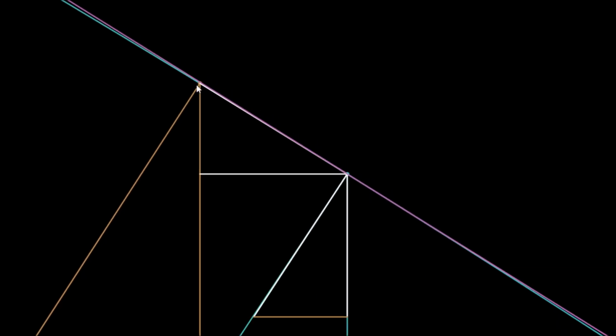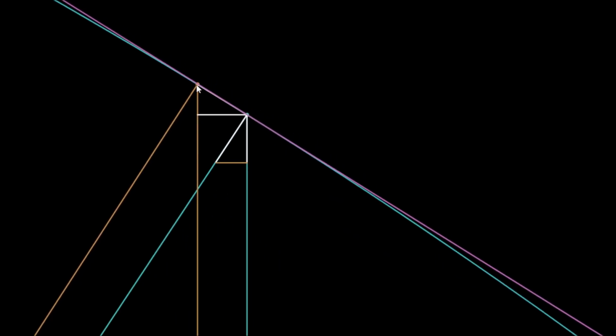So this is what happens whenever we ensure that the value of h is small. It means that this right angle here is an actual right angle, and the other right angle here gets closer and closer to a right angle.